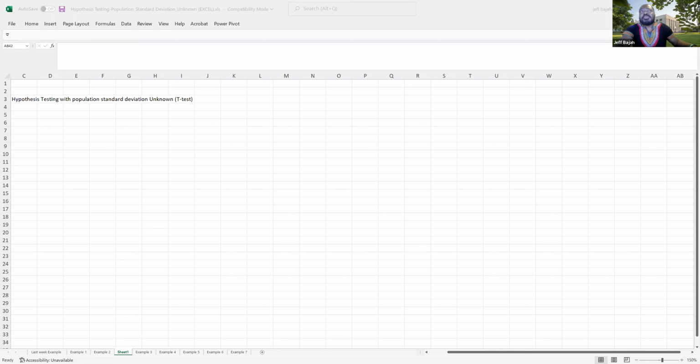All right. But before we begin, let's clarify some things, right? Usually when you have the population standard deviation, you tend to use the z-test. But when you have a sample standard deviation, or when a population standard deviation is not given, we use what we call a t-test, right? The t-test was actually meant for small values.